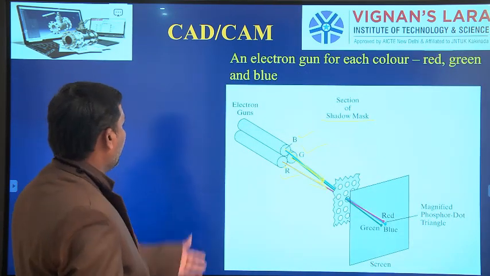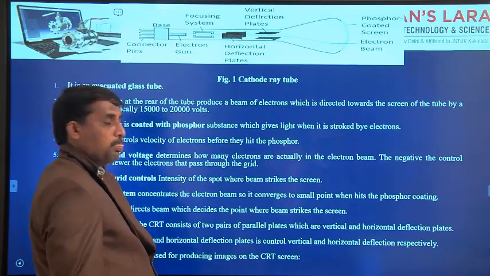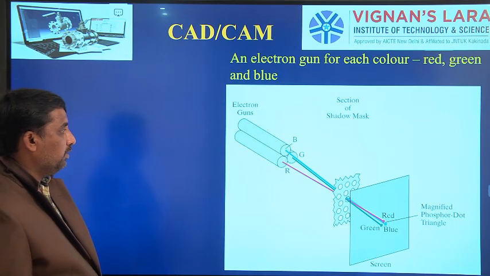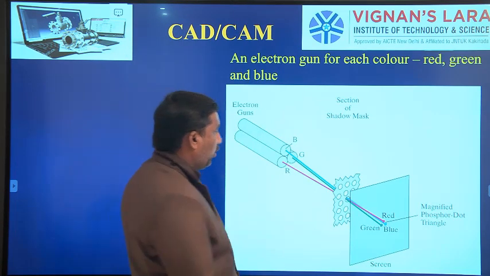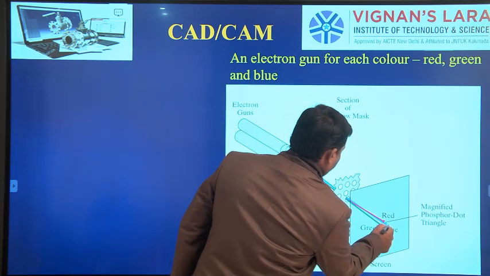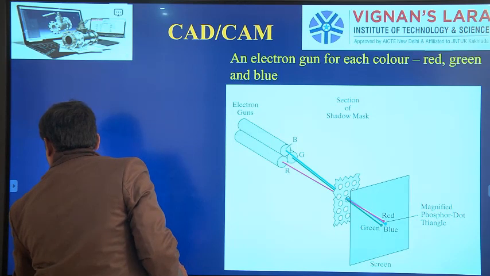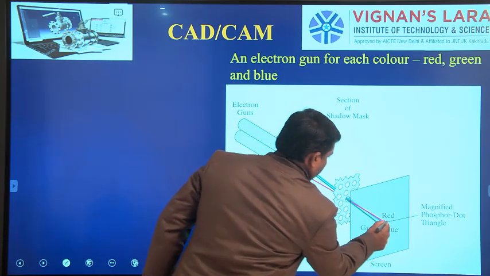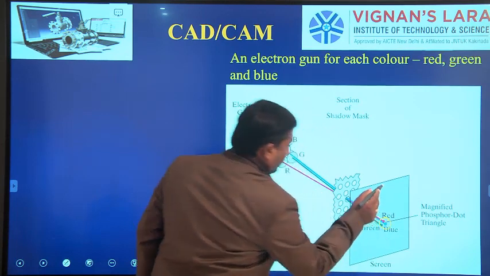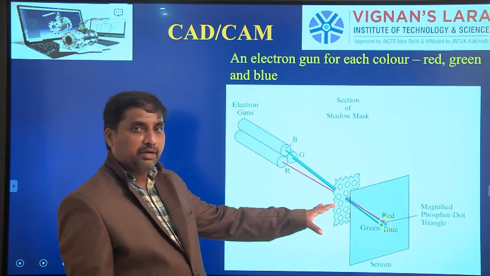When these 3 colored electron beams strike at a point in a triangular fashion, that is the magnified view.